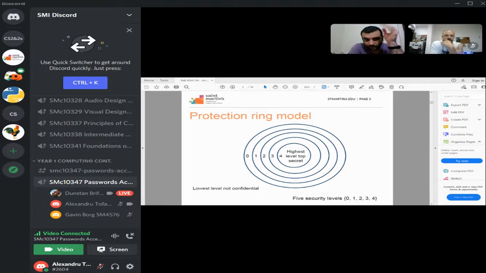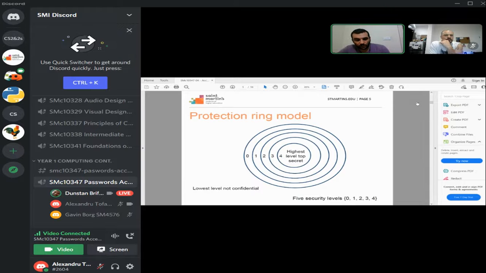The outer circle is the lowest in terms of security. Someone who has access to the middle will have access to all the outer ones, because you are walking through each layer until you get to the middle. Not everyone has access to the middle, but if you do, you have access to everything on the outside. So this is the military model.